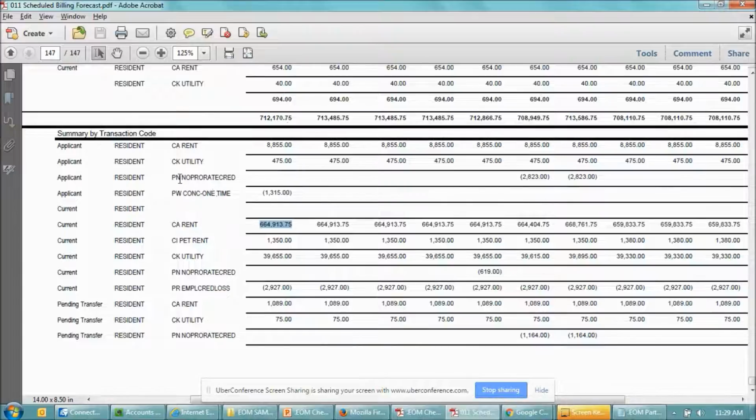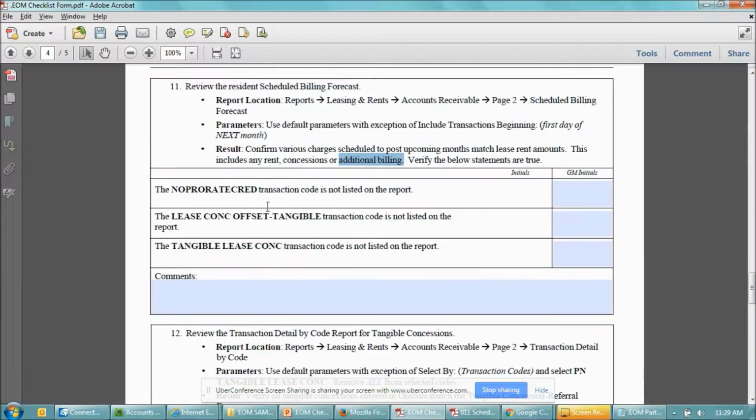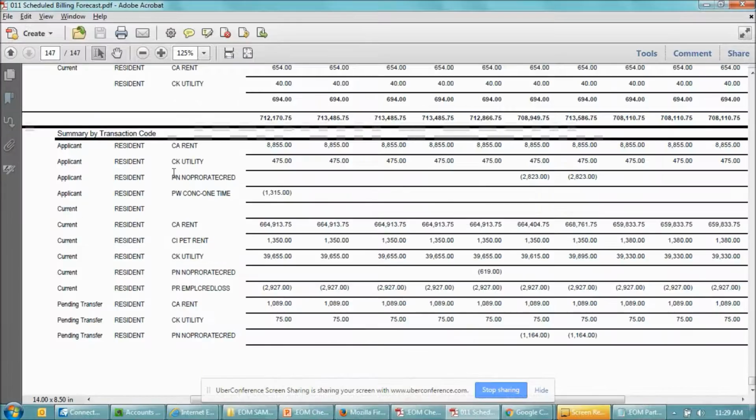And then there are a few codes that we never want to see. Some of those codes are identified here. The no prorate cred is one. If we ever see one here, we'll want to go into the ledger and adjust the ledger so that no prorate cred is removed. It is a system generated code and nothing that anybody did wrong or incorrectly.